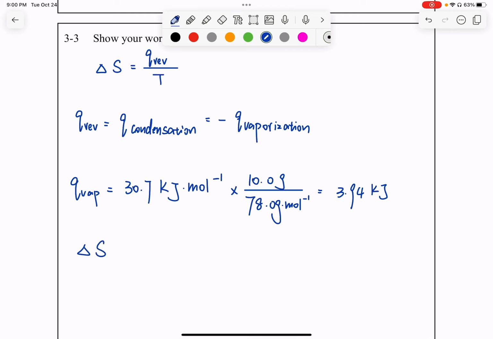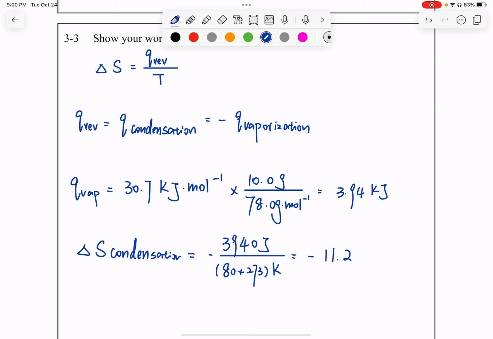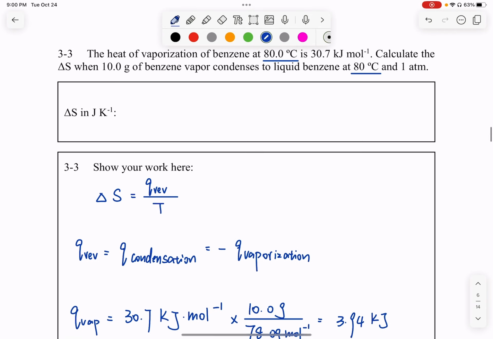So our delta S condensation equals negative 3,940 joule divided by the temperature, which is 80 plus 273 Kelvin. That gives me about 11.2 joule per Kelvin. Negative 11.2 joule per Kelvin.